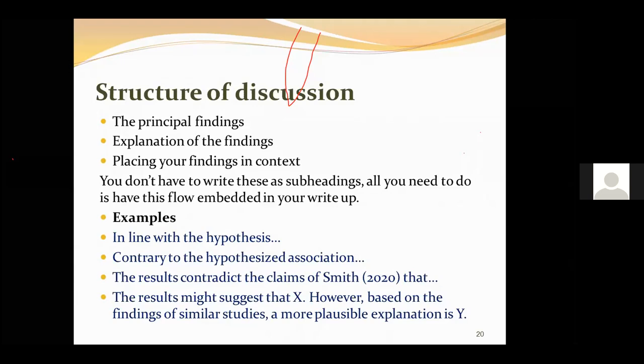You can organize your discussion around your key themes, your hypotheses or research questions, research objectives, etc., following the same structure of your results section or what you had in chapter 1 or literature review, whatever the case may be. But you can also begin by highlighting the most significant and then go to the unexpected. The choice is yours. The thing is, make sure there's a chronological flow of thoughts.